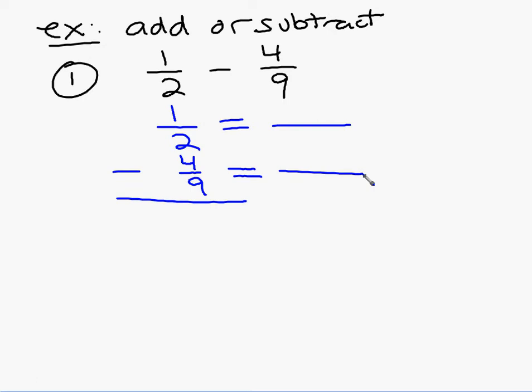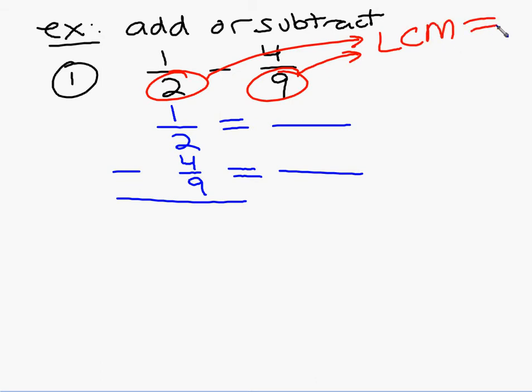Well, watch. We are going to use the 2 and the 9, and we're going to find the LCM. The LCM equals the LCD. The least common multiple that we did the last couple of days is going to tell me the least common denominator. So, remember how we did this?